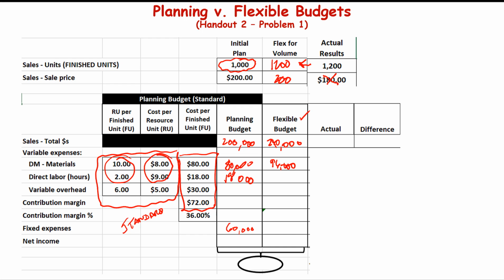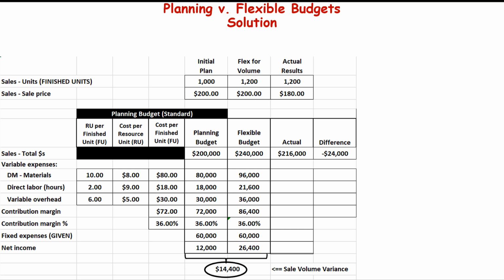All right. So at that point, we'll go ahead and move forward and look at a full set of this information. So there it is, filled out for you. And as I told you before, you had the 60,000 in fixed expenses. I just didn't have it in the other sheet.